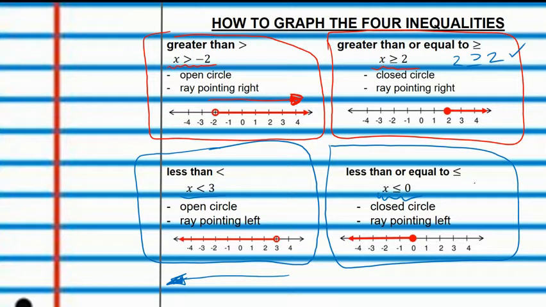That is correct. 0 is less than or equal to 0. It is true. So we include the values when we have or equal to. We exclude the value when it's greater than or less than.